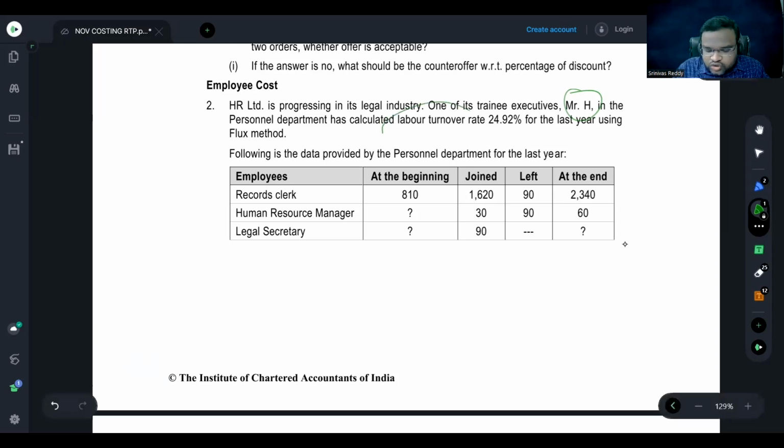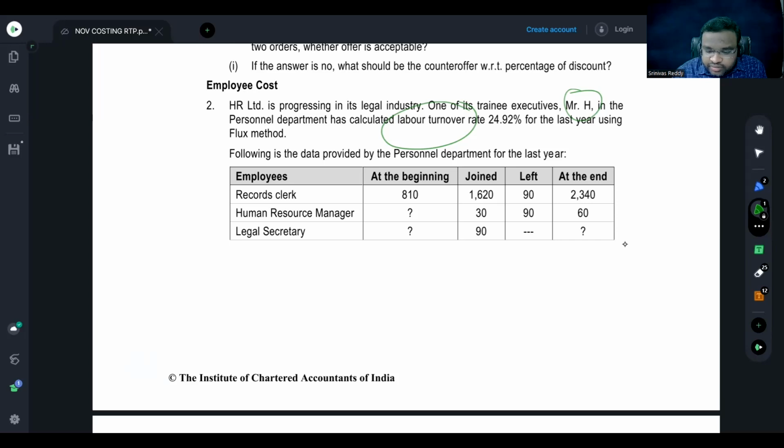We have different methods of labor turnover: a separation method, a replacement method, and then a flux method. So there are different methods in calculation of the labor turnover rate. It is simply the change in the labor composition. That is what we call labor turnover.